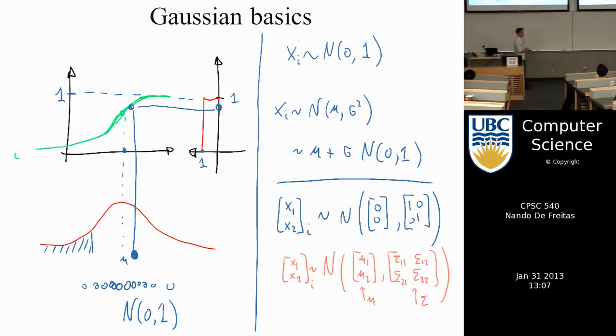I need a way of taking square roots of matrices in order to be able to draw from this, because essentially, I want to use the same trick. Let's call this vector x. I want to basically say that if x comes from a multivariate Gaussian with mean mu and covariance sigma, then x must be a sample from a multivariate Gaussian.